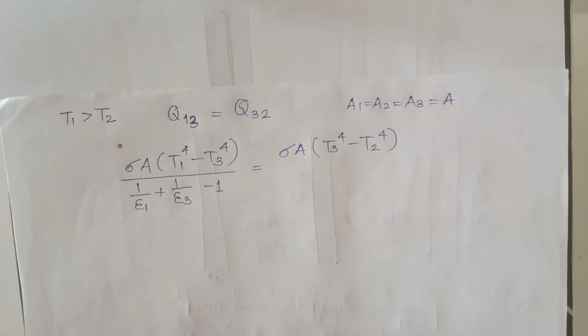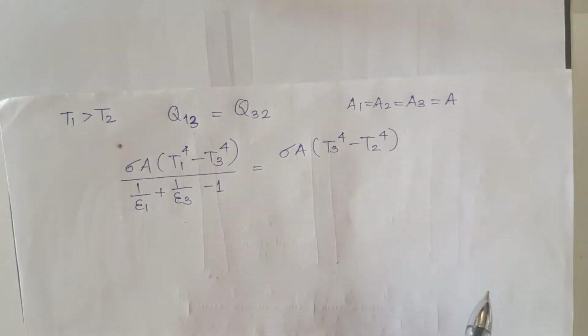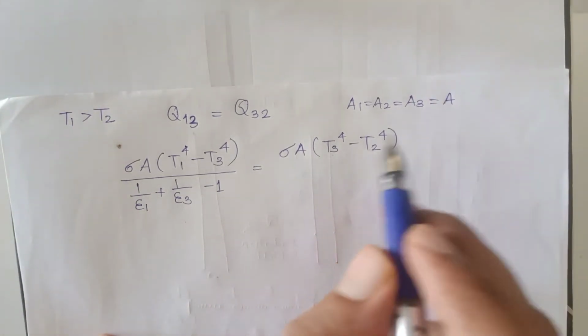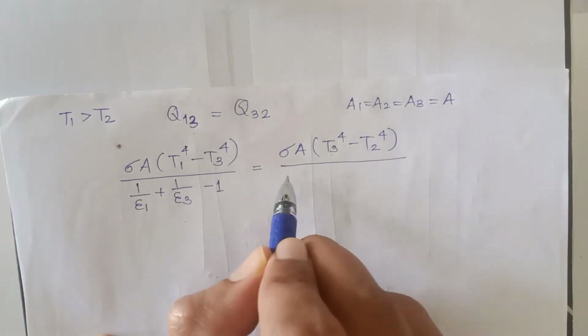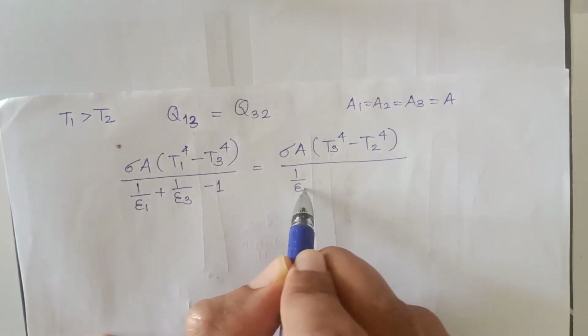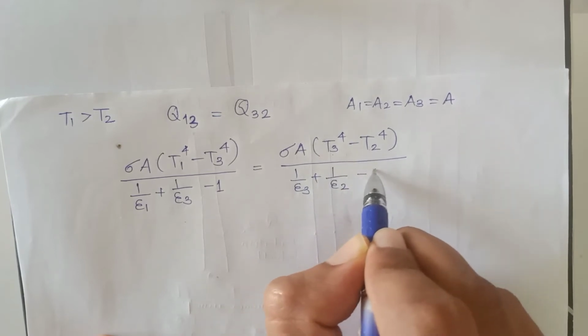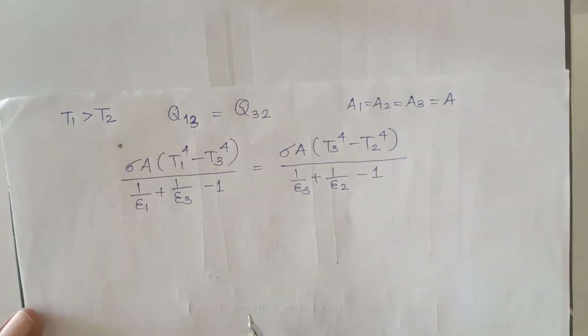Even if there is other case, still the relation will stand true. There won't be any problem. All right. So sigma A into T3 raised to 4 minus T2 raised to 4 divided by 1 upon emissivity of the first surface plus 1 upon emissivity of the next surface minus 1.